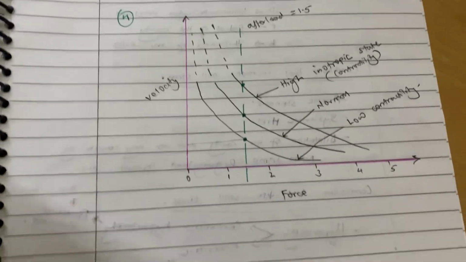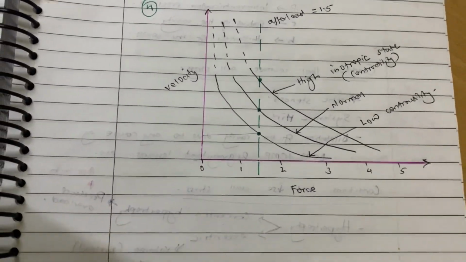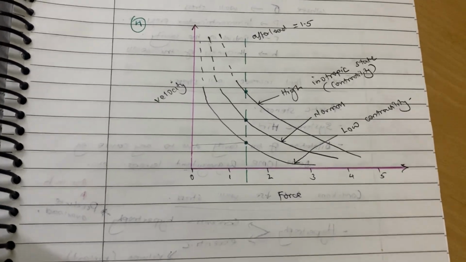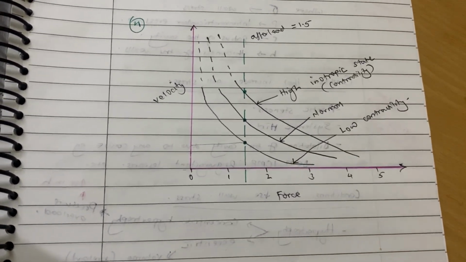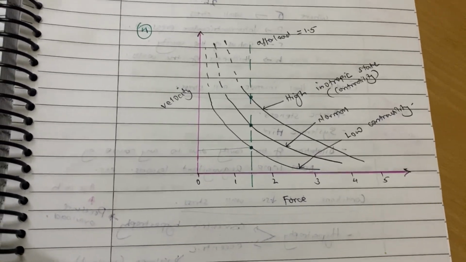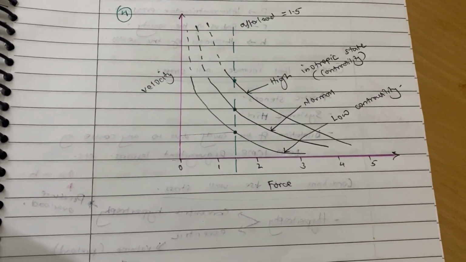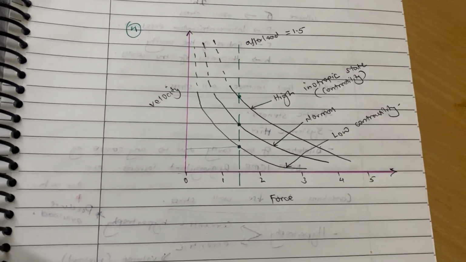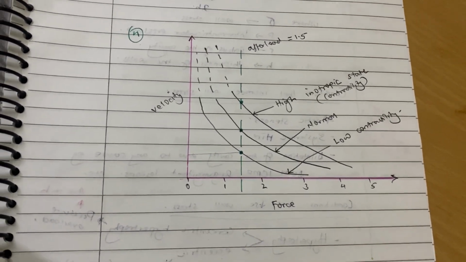remember what I said about the velocity of contraction, it decreases with increase in afterload, and at a fixed afterload it increases with the increase in preload, and also it increases with the increase in contractility.